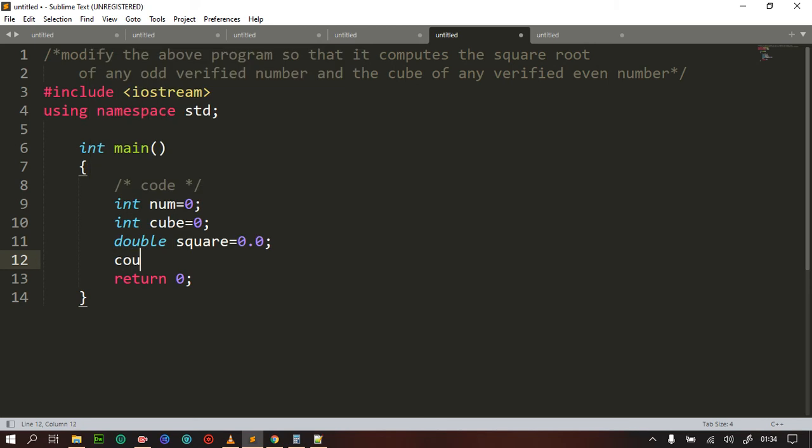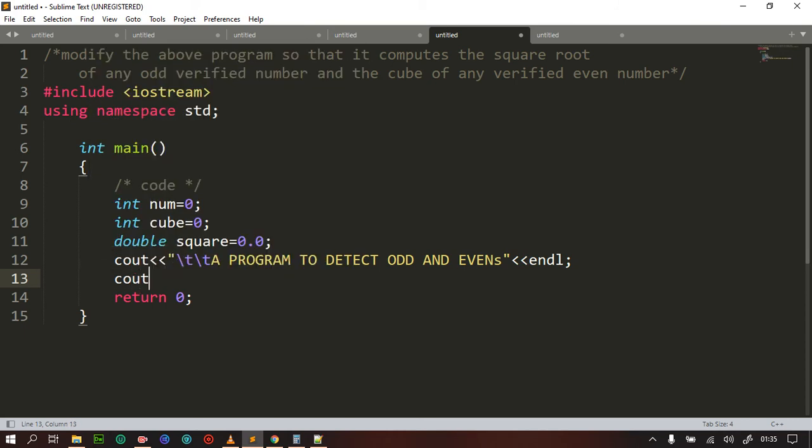So definitely we shall do it like that. So here we shall say cout as usual, a program to detect odd and even.